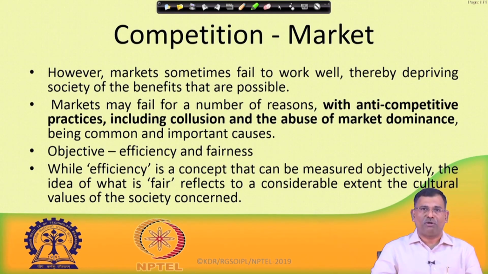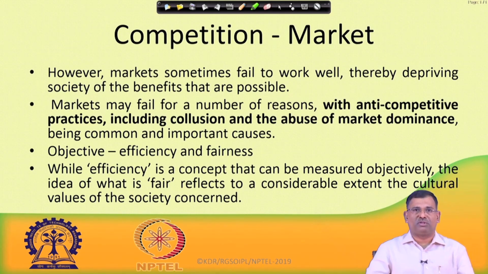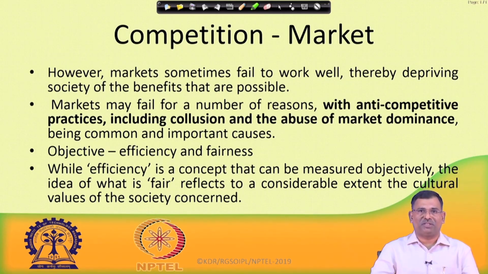And again, the whole activity of competition in the market is regulated through the Competition Act. The market fails when these kinds of activities are not curbed or regulated. For example, anti-competitive practices like collusion between firms and companies which form cartels, and market dominance, the giant companies like Microsoft or Google, we will see these cases later on.